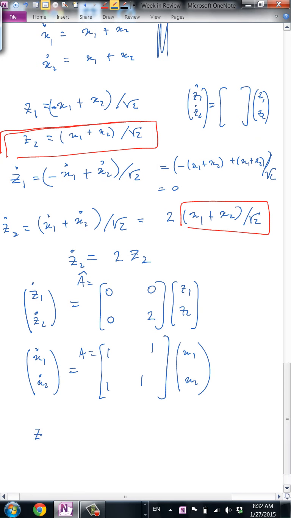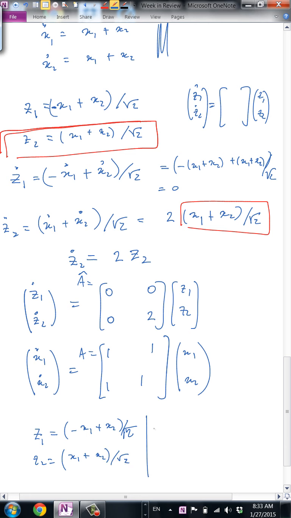So what we wrote was z1 was equal to (minus x1 plus x2) divided by root 2. And z2 was equal to (x1 plus x2) divided by root 2.